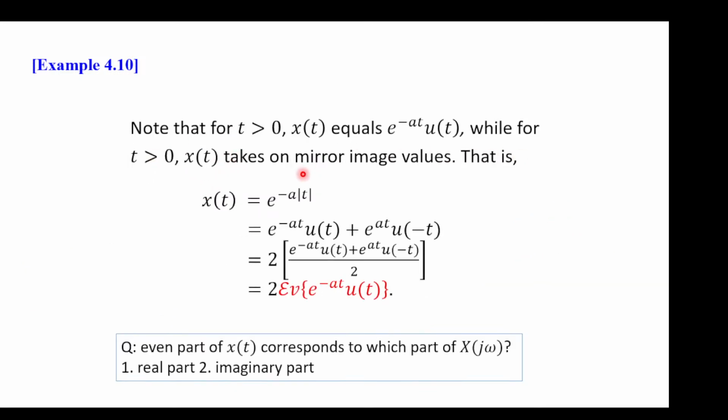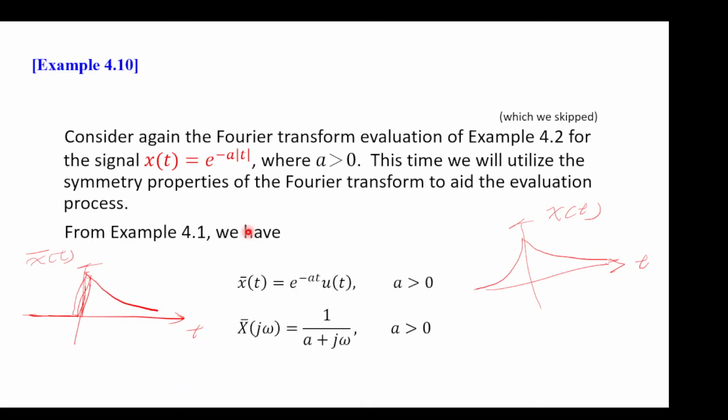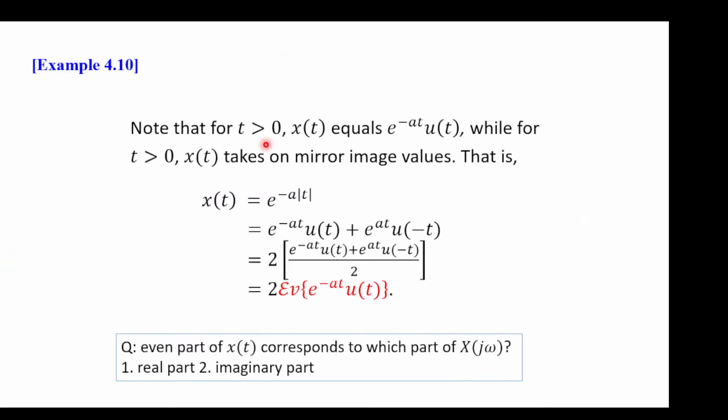So that's what we did. We see that x of t equals e to the minus a absolute value of t, and it has a positive part and a negative part. The positive part looks like just this exponential decay, and the negative part looks like this exponential decay with minus t.